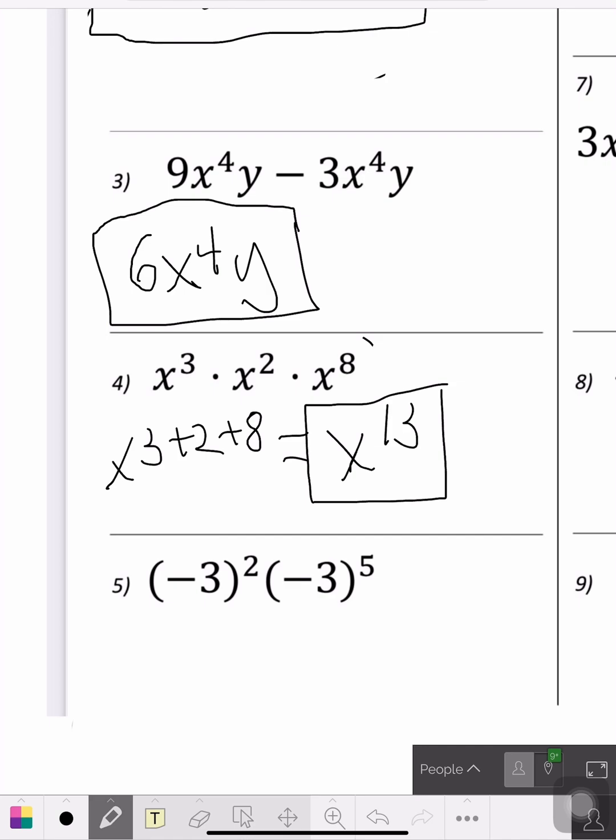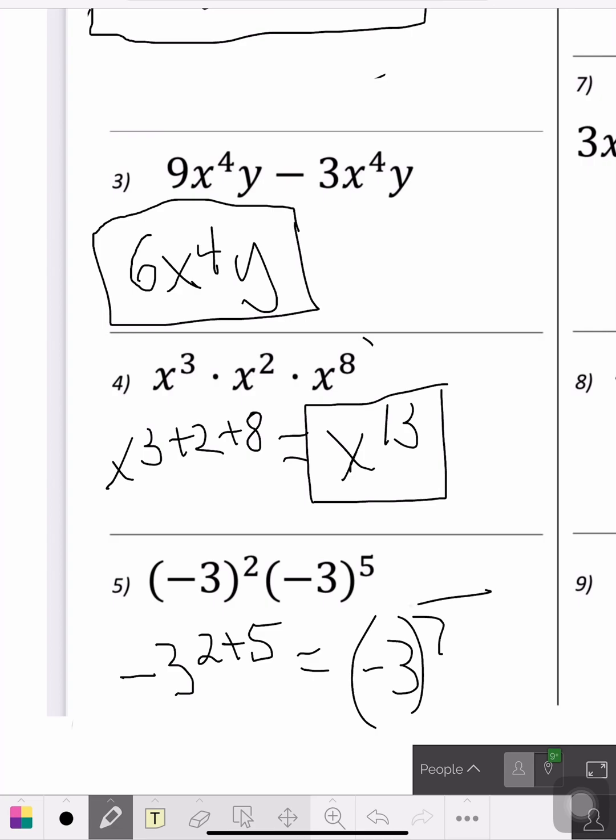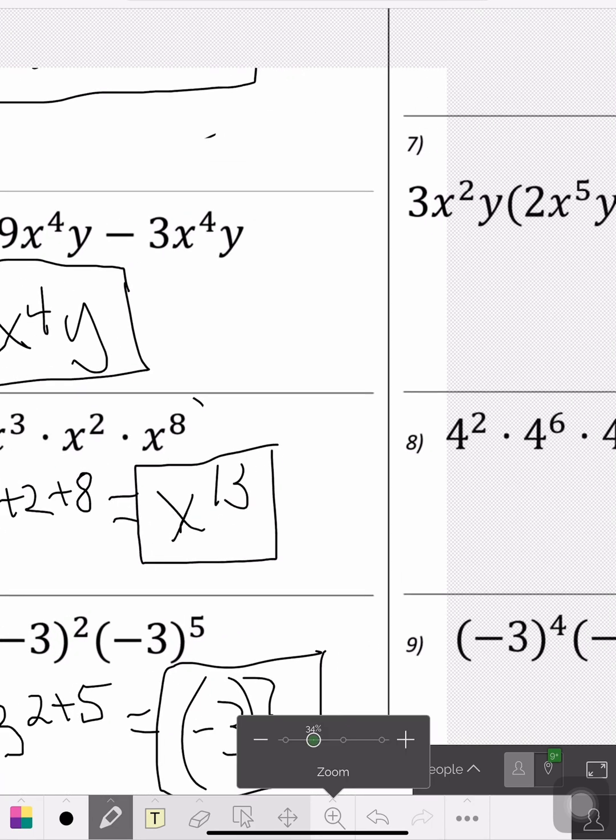They gave you the value of that. So just like the x, it stays the same, so it stays the negative 3. So it's negative 3, and we got 2 plus 5 equals negative 3 to the seventh. And that's all there is to that. That's our answer. It's negative 3 raised to the seventh power.